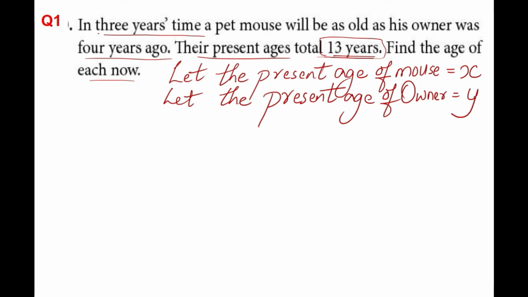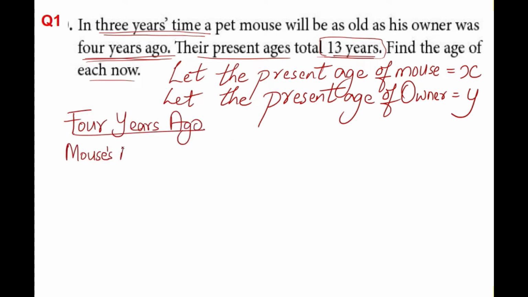We have considered their present age, but now they're talking about a time frame in 3 years' time, which is future, and 4 years ago. So let's calculate what was their age 4 years ago. The mouse age is going to be x minus 4, because if x years is the present, 4 years ago, so you subtract. And the owner's age is going to be y minus 4.